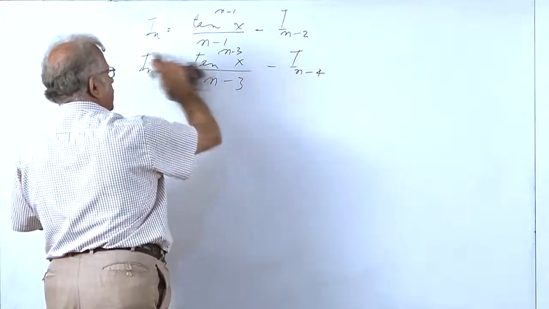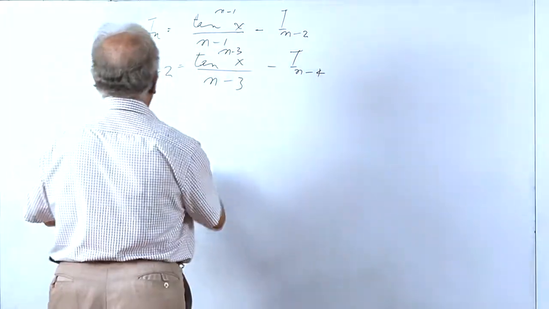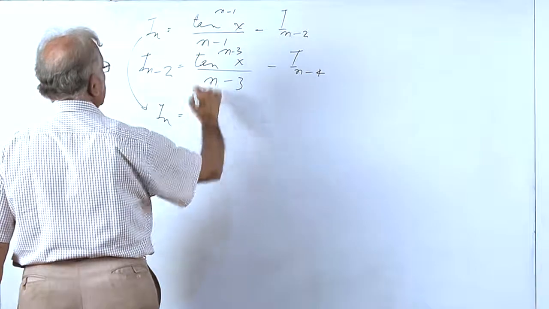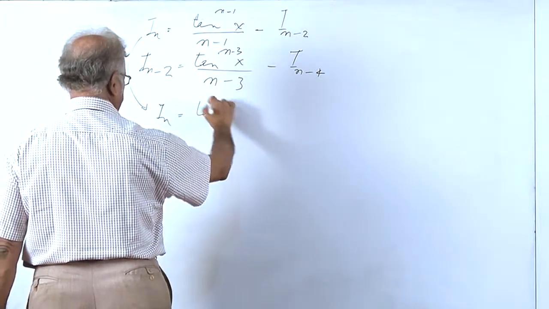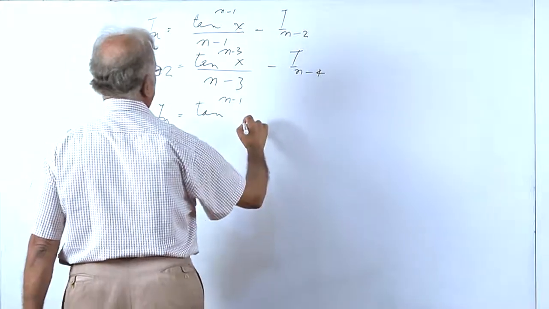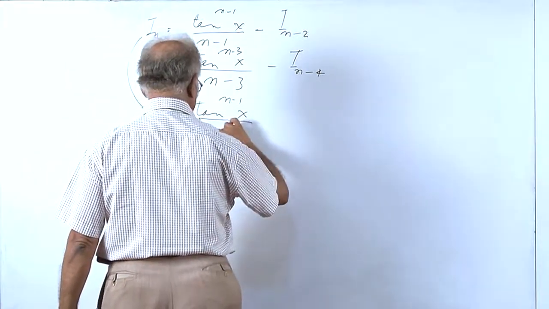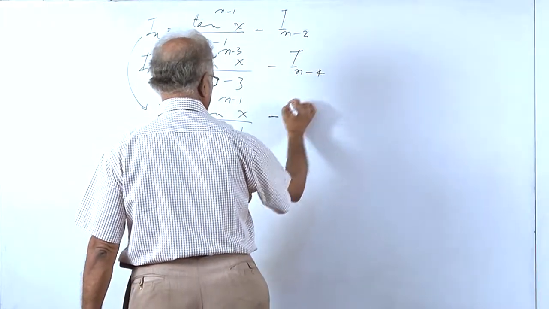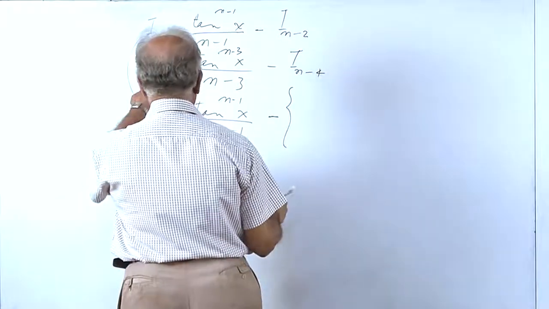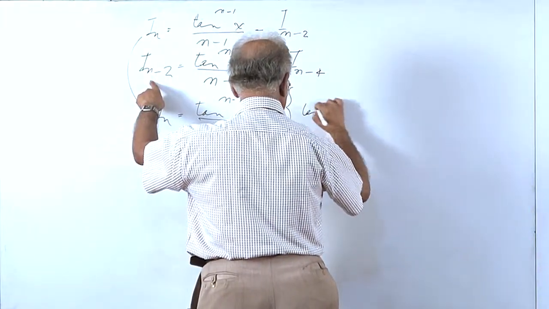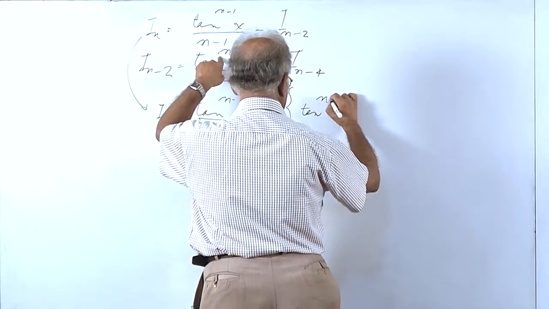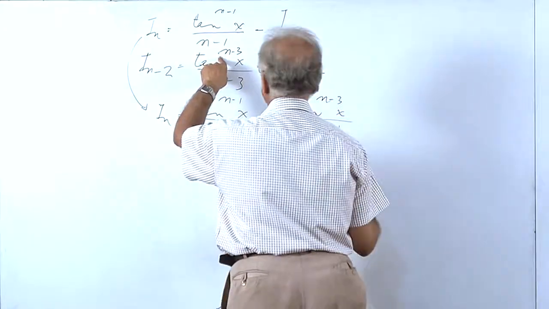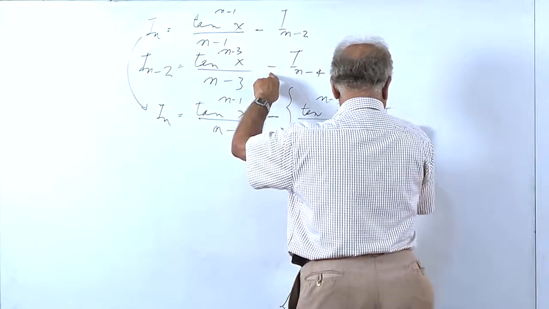So if we put back this expression here, we will ultimately get I sub n is equal to tan x to the power of n minus 1 divided by n minus 1 minus, for this we will write, tan x to the power of n minus 3 over n minus 3 minus I sub n minus 4.